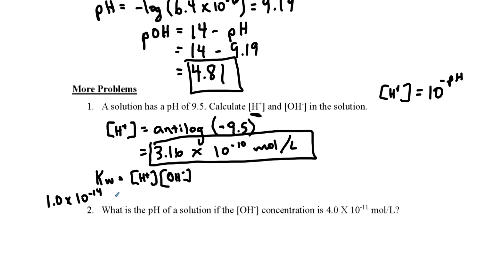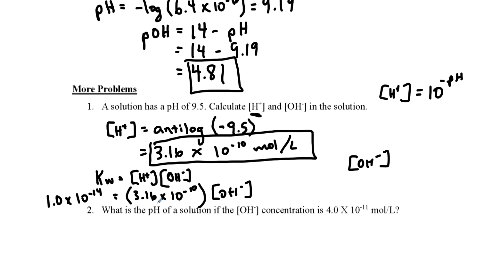So we'll set that equal to H plus, which is 3.16 times 10 to the negative 10, times our OH minus concentration. So I'm going to divide both sides by this 3.16. I'm running out of room, so I'm just going to write my answer over here.